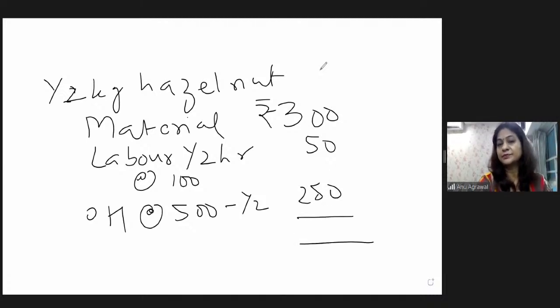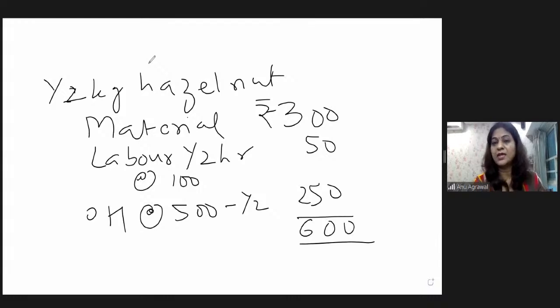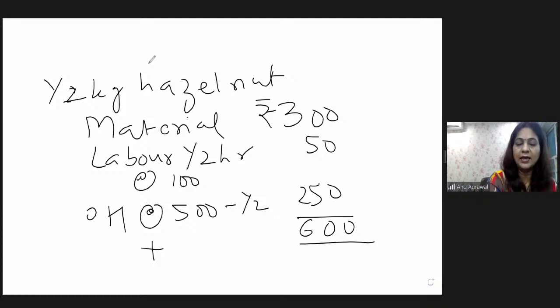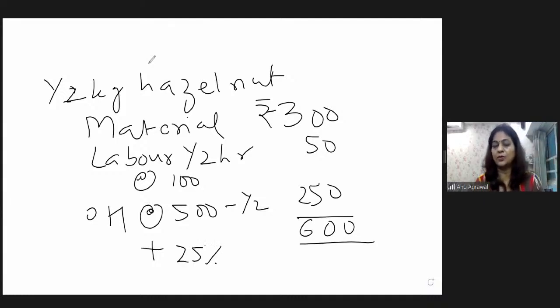So how much is it? Same overhead rate I have used, but here it was half an hour, so I used only half. 600 rupees. Now I add 25% profit because that's my methodology, that I always add 25% profit on cost.